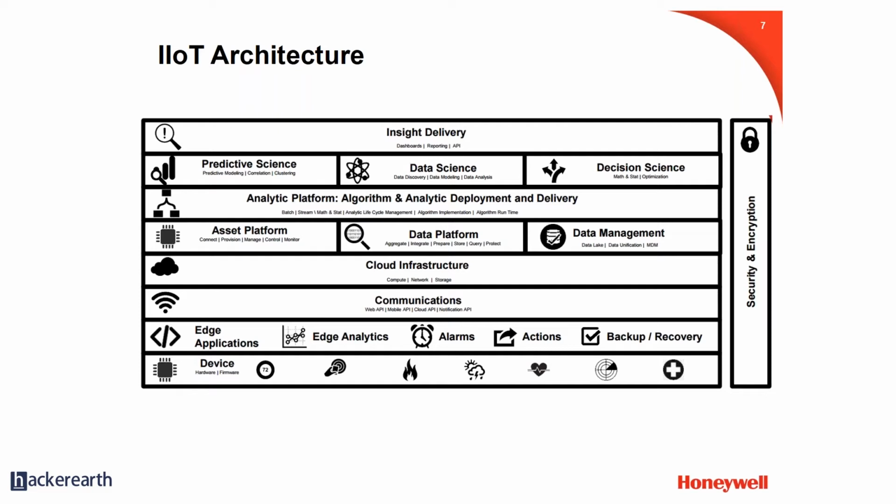Then at the edge level, you could have applications, actions, and alarms. You can say that the temperature the thermostat reported is above a certain set point, so that's probably an alarm condition because it is not expected. Then you have backup and recovery of data. If something goes wrong, you would want to come back to a safe state. These are things you'll have to address in your application.